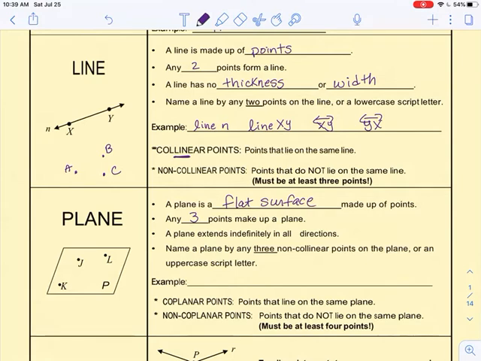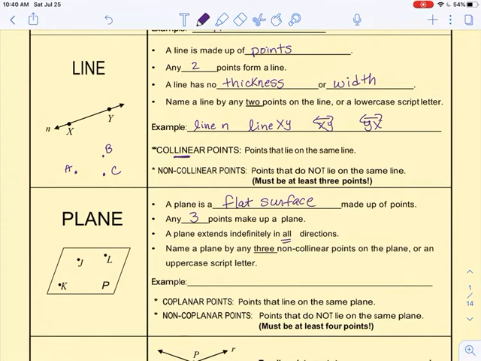Now a plane extends infinitely in all directions. It extends forever and ever. You can think of your desk as a plane, the floor, the ceiling, the wall. Now, obviously, those have borders to them. But if you're trying to envision what a plane is, you can have any flat surface. Technically, though, it does extend indefinitely in all directions.